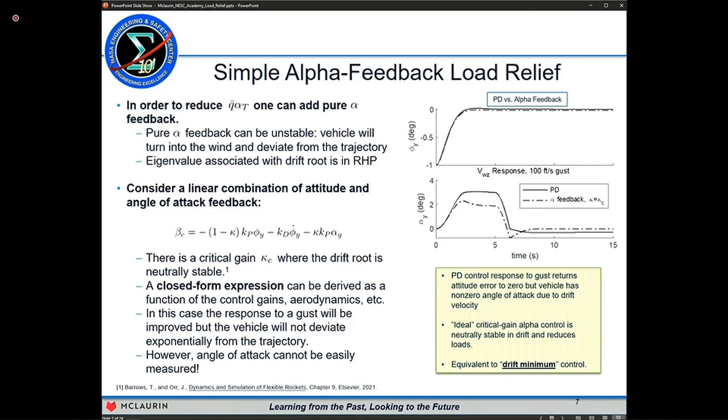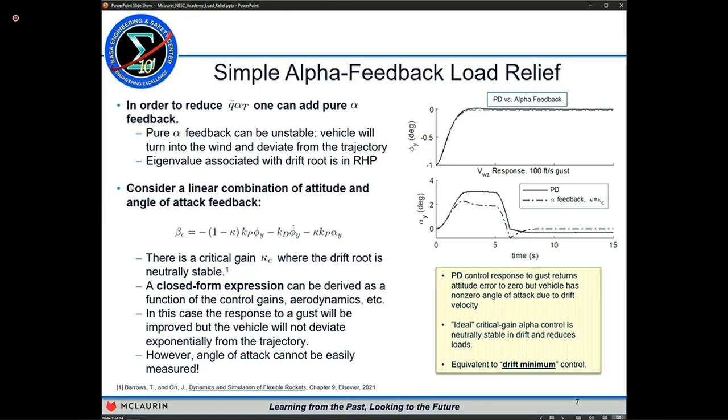Now, whether that's really bad from a how the vehicle actually behaves standpoint depends very much on the vehicle design. But ultimately, with pure alpha feedback at a sufficiently high gain, something more than about 0.5, it's actually 0.41 is the critical gain, the eigenvalue associated with the translational dynamics of the drift root is in the right half plane and the vehicle diverges.